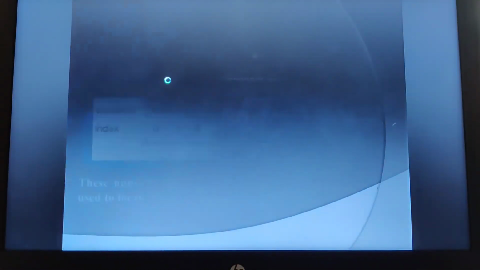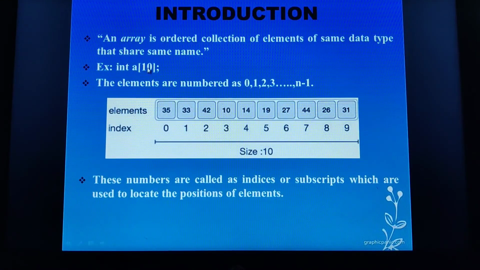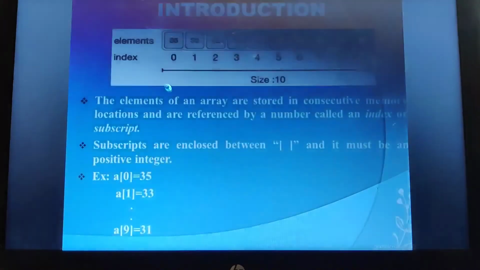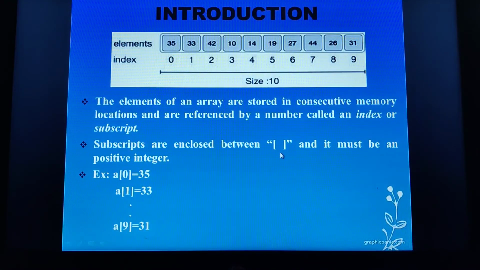For example, here we have int a of 10. Now 10 is a positive integer, but int a of minus 10 I cannot write. Remember, the subscript is always represented by square brackets and an integer value, which should be a positive integer.